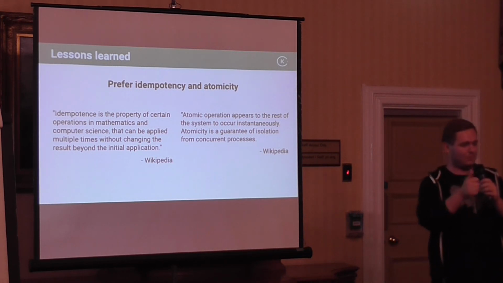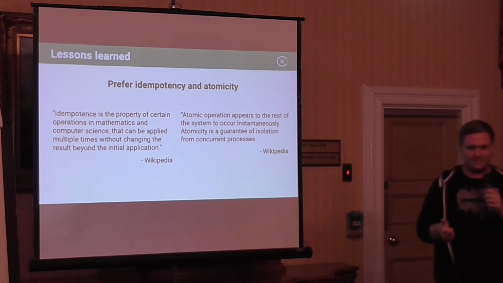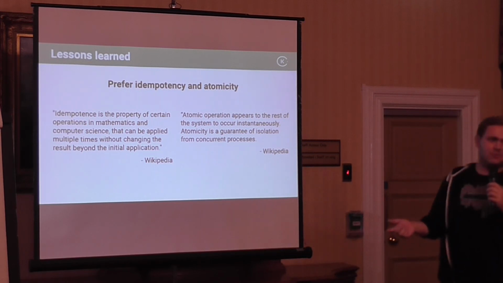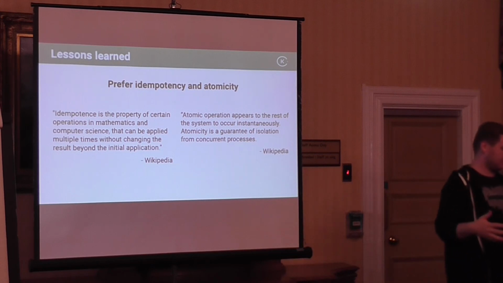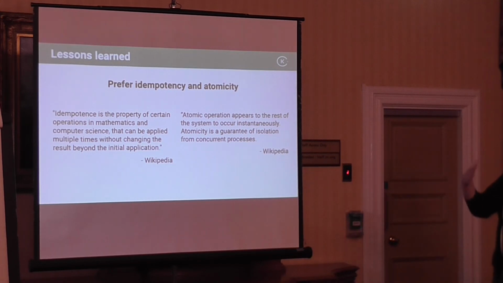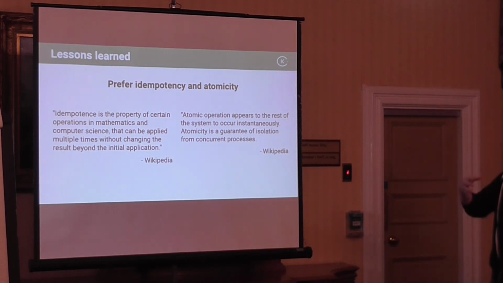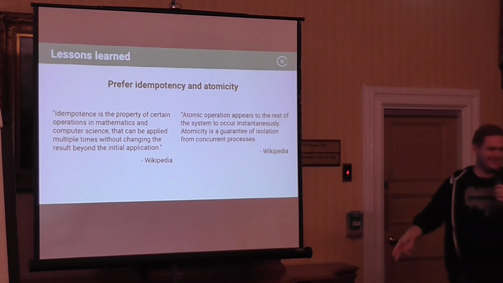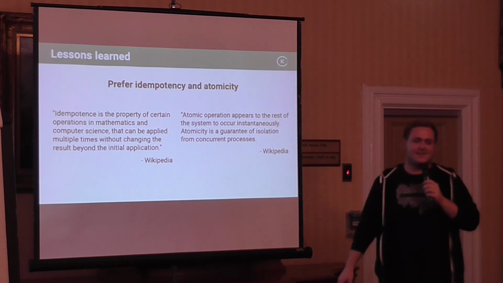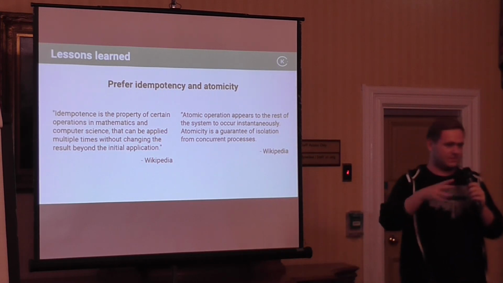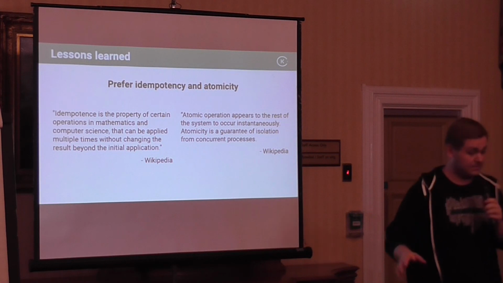It will just withdraw it once and correctly. And atomicity, when you do something in your system, basically means that it appears to the system in an instant. So it just occurs right now, and nothing else happens anywhere.